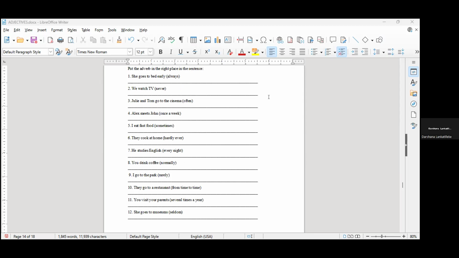Earlier we learned frequency adverbs should come in between the subject and the verb. And mostly these adverbs come after the verb, and the time and place adverbs at the end of the sentence, right? Okay, do this activity task also, and I'll give you a few minutes to complete it. After that, we can discuss, okay?